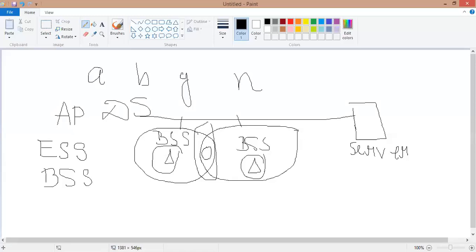One is our IEEE 802.11 based node transition, or it may be BSS transition, or it may be ESS transition, mobility based scenario. Okay, so these are very important things.